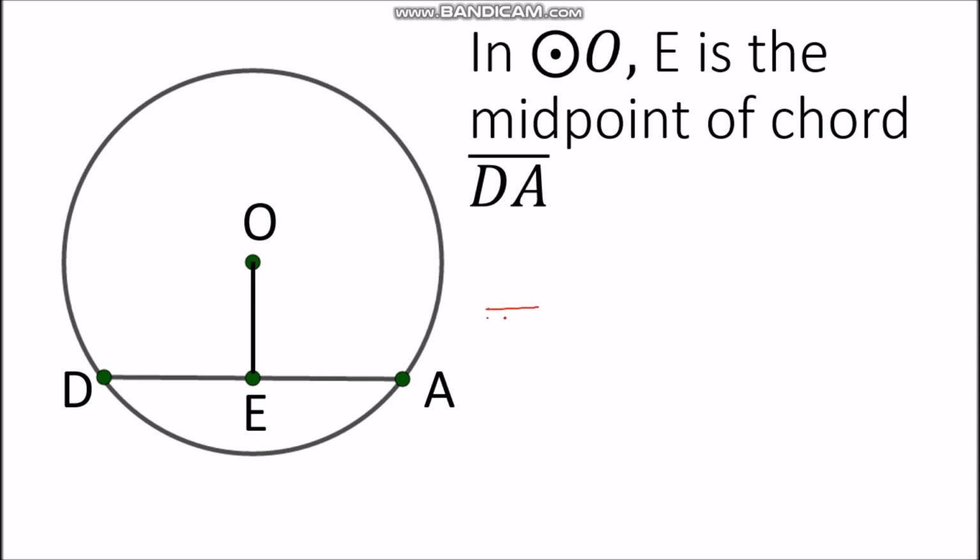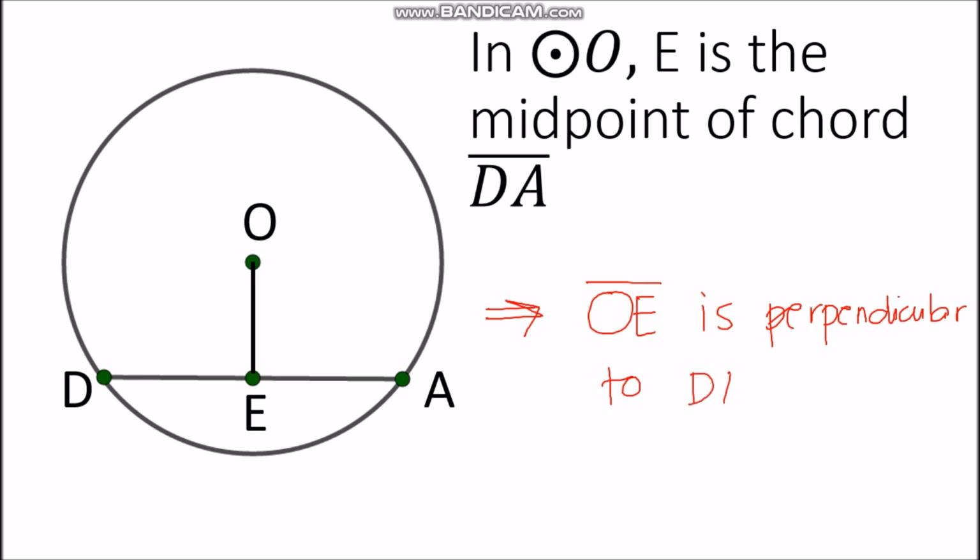According to Theorem 106, the segment created by the center and the midpoint, which in this case is segment OE, is perpendicular to the chord, which is segment DA. So again, the segment must be perpendicular to the given chord.